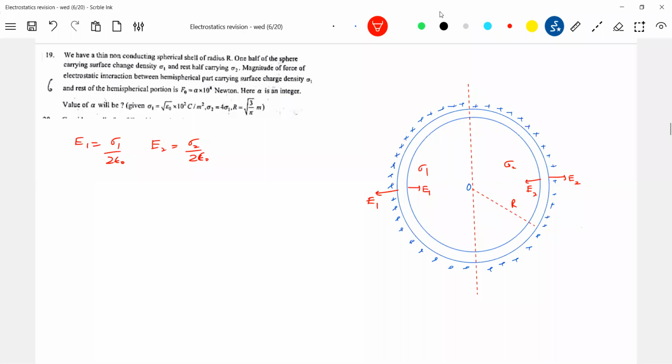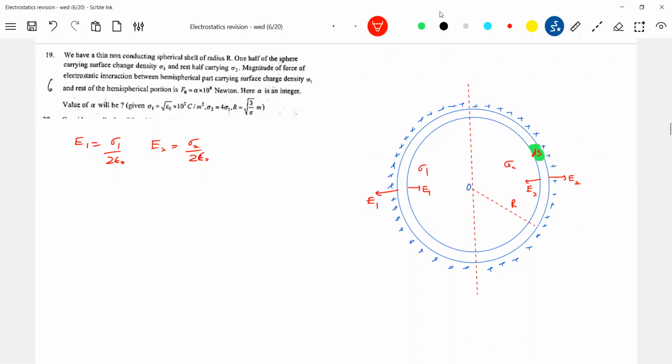Now what will happen? The charge present on this face will experience the field due to this. So I'll assume a strip of area ds, anywhere.